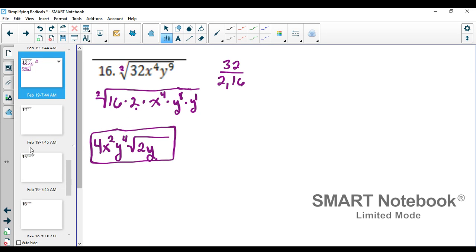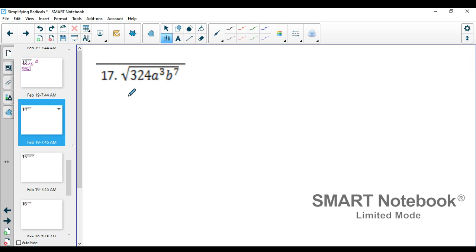So moving on to 17, we have the square root of 324 a cubed b to the 7th. All right, so I'm not going to list the factors of 324, but 324 has a perfect square root, and we'll talk about that when we get there. So we're going to focus on the variables for now.